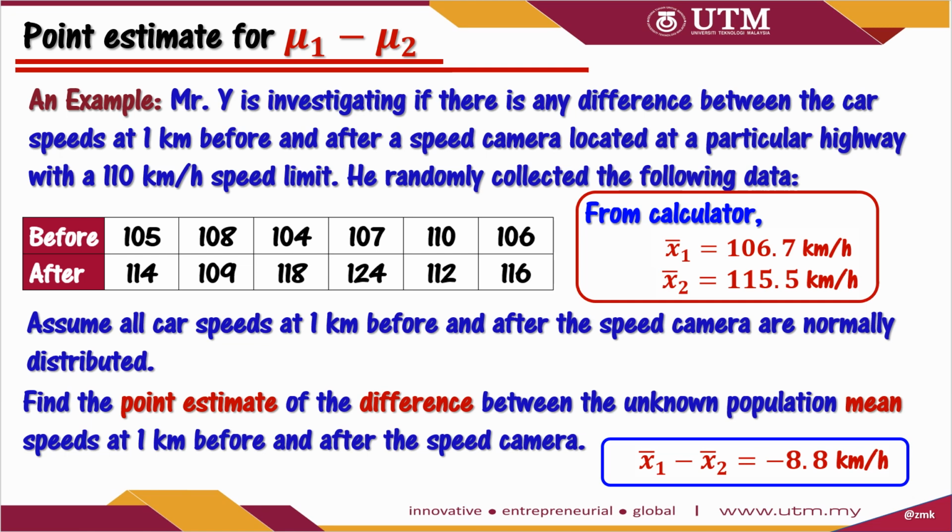If you have a difference of mean speeds after and before, then the answer is 8.8 kilometers per hour. Any of these answers is possible as the inference you will be making will be the same.